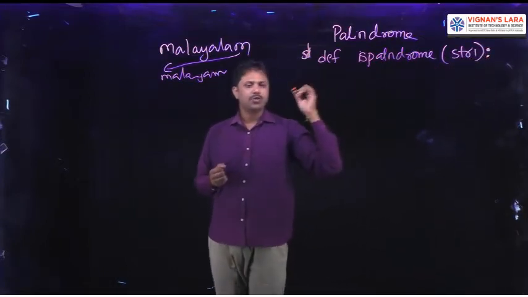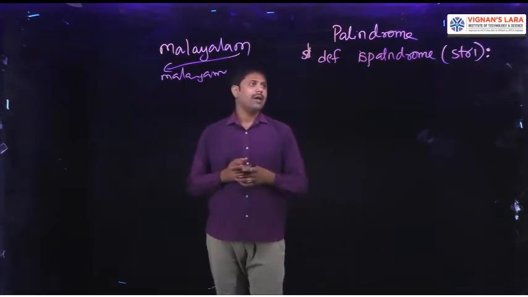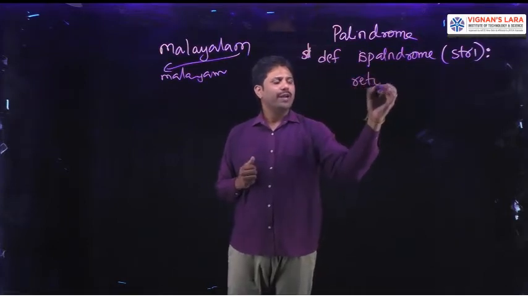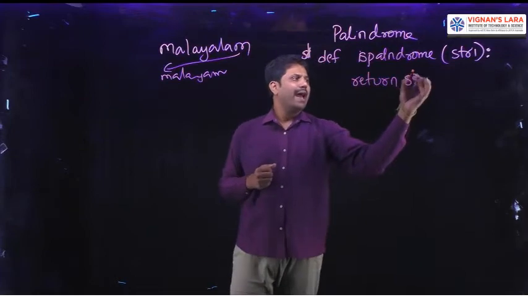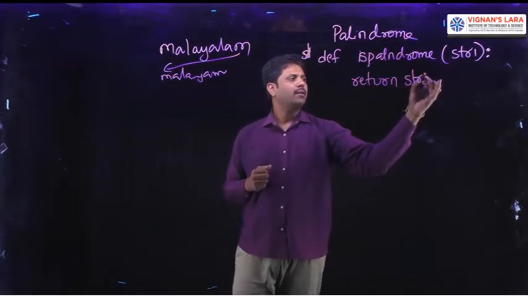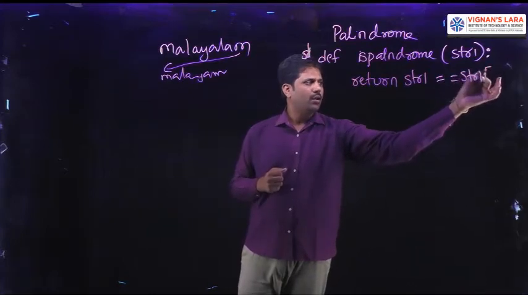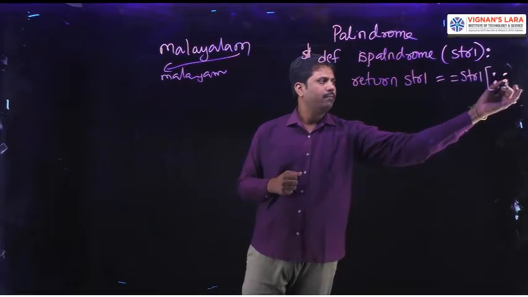This function ends with a colon for indentation. So is_palindrome is a function. This function is going to return str1 equals str1[::-1].